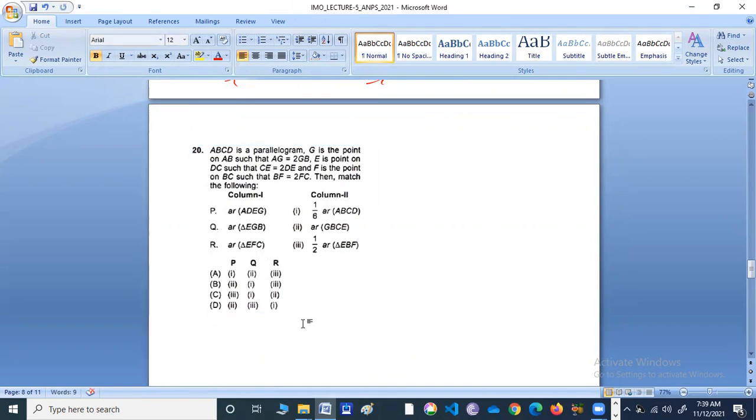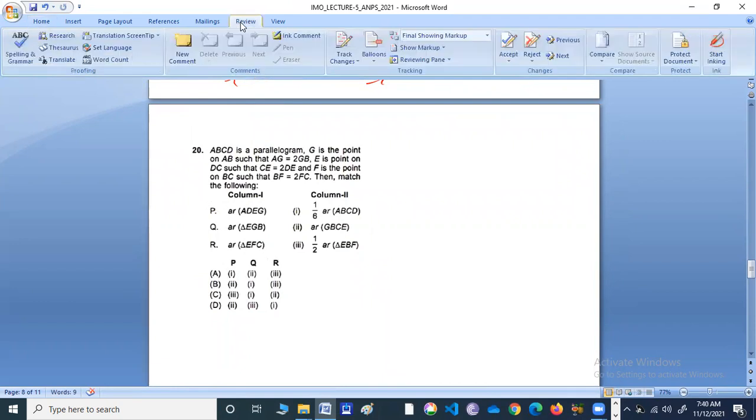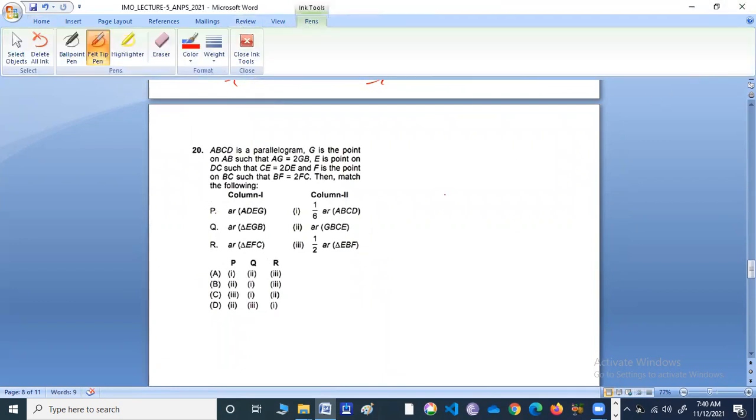So what they have given: ABCD is a parallelogram.